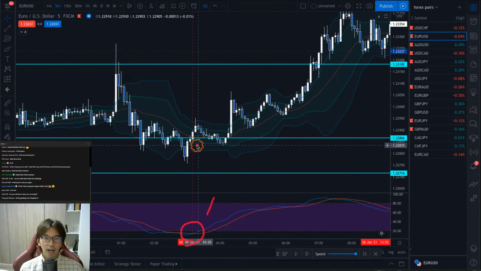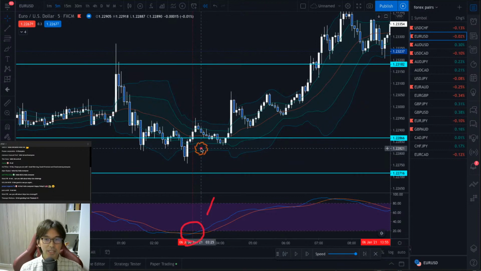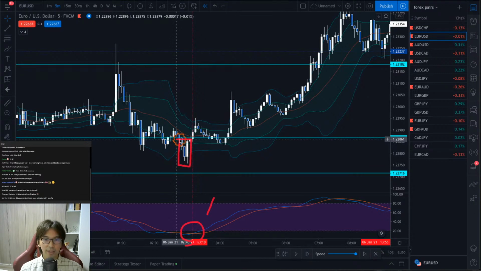Actually, before the market reached the gold cross of stochastics, I was already looking at the chart, looking for the buying chance. The buy chance really came when there was a gold cross of stochastics, and also before that, there was an outside bar over here.